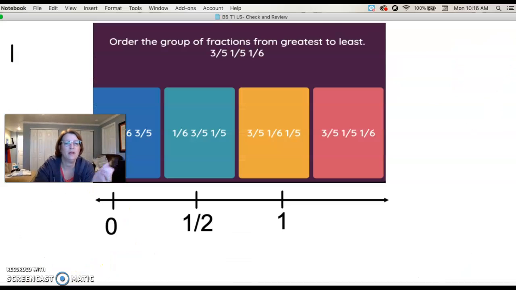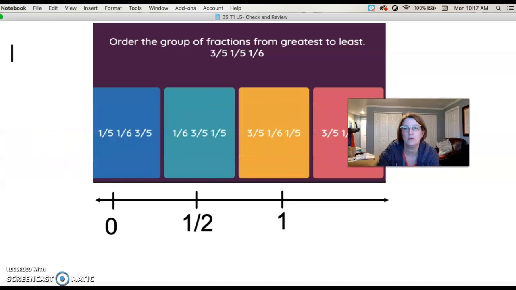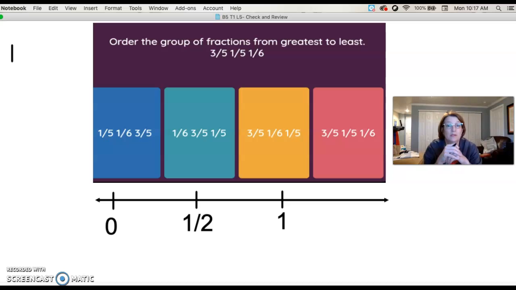So this was one of the questions on the quizzes, to put these fractions in order. And the skills that we've been working with were taking fractions, comparing them to half, comparing them to 1, or using the common numerator or common denominator. So when I look at 3/5, I know that 1/2, when we talk about fifths, is 2.5.